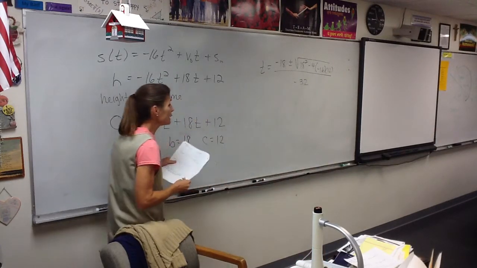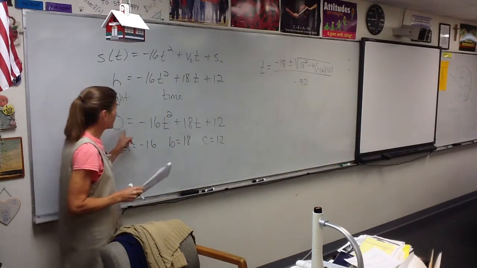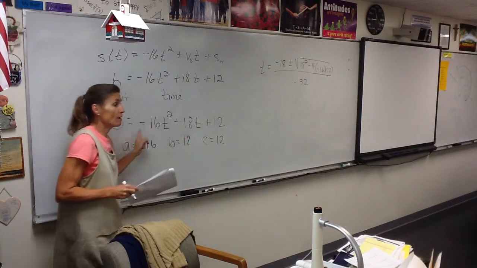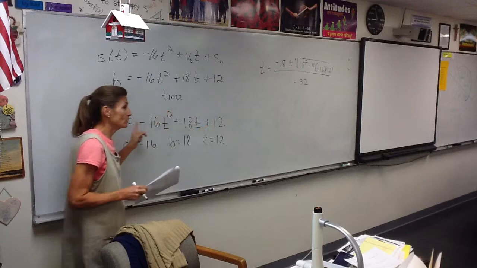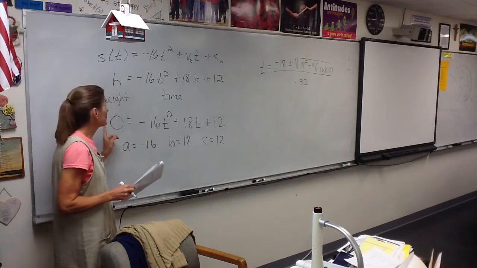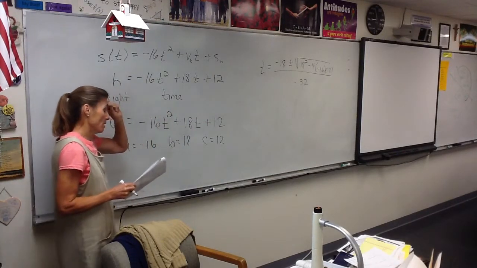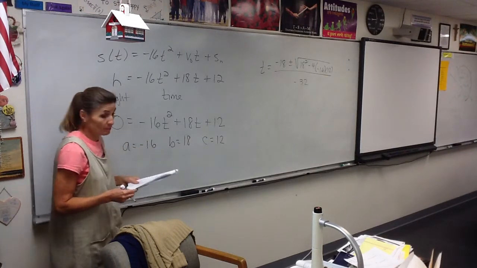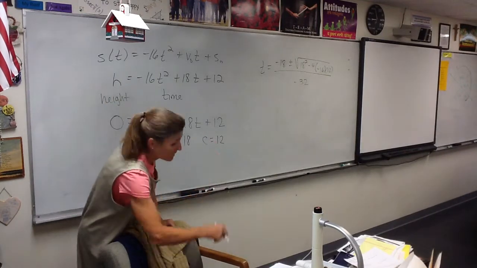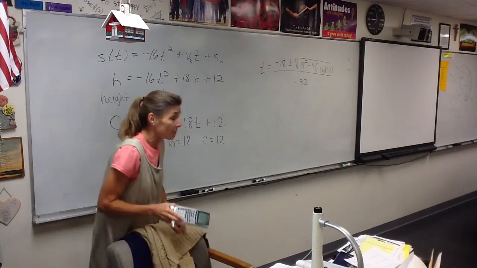Now, Katie says, well, Mrs. Ford, it looks like I could take a 2 out of here. And if you wanted to do that, you absolutely could. It wouldn't hurt a thing to divide everything by 2. It's not going to help me shrink it that much, but it will make it a little bit smaller. I already wrote it down, so I'm not going to do that, but you absolutely could.